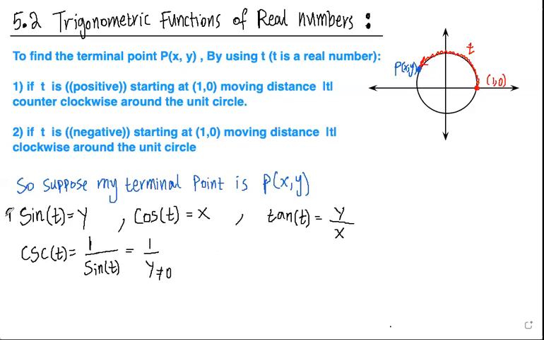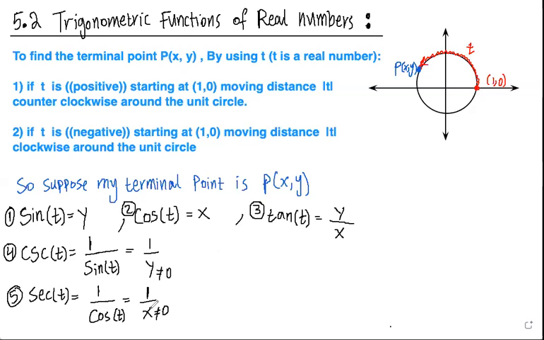Secant of t is equal to 1 over cosine of t, and this is equal to 1 over x, and x is not equal to 0.